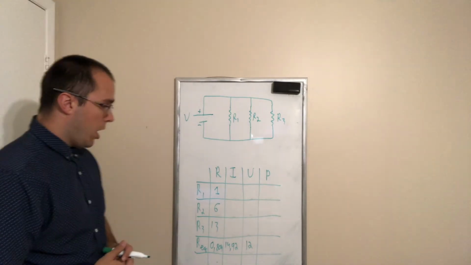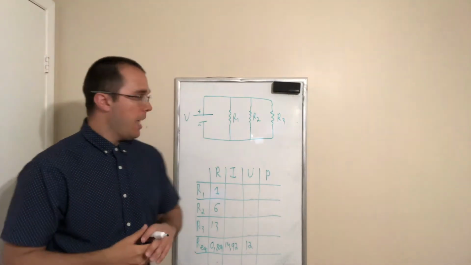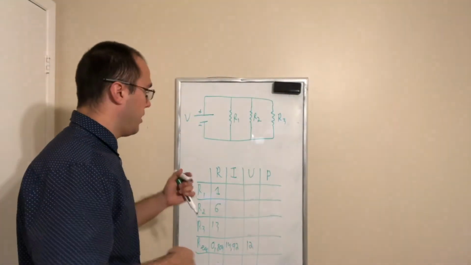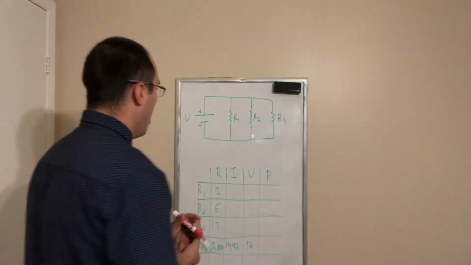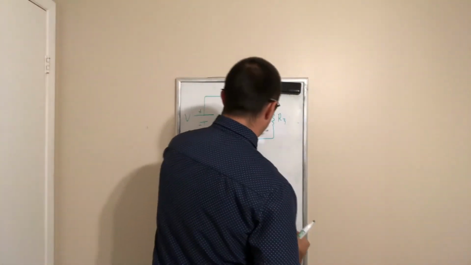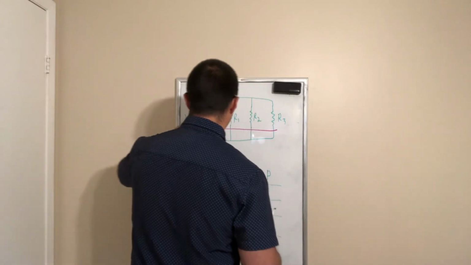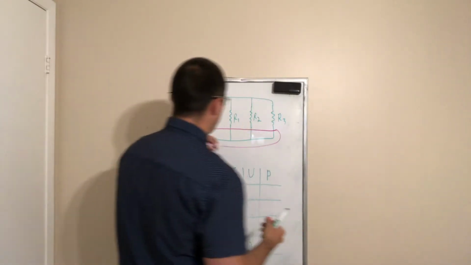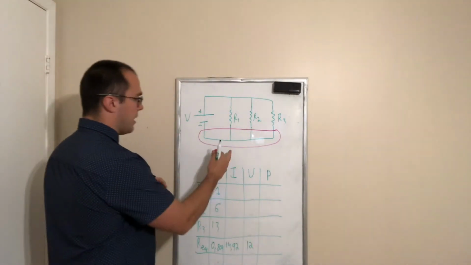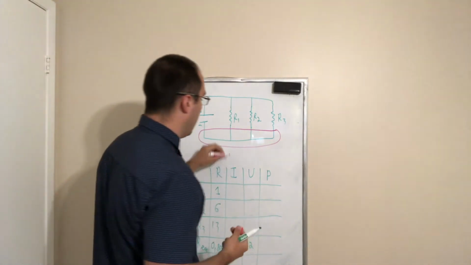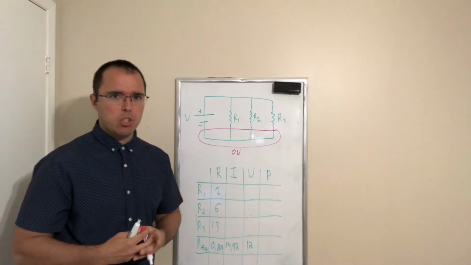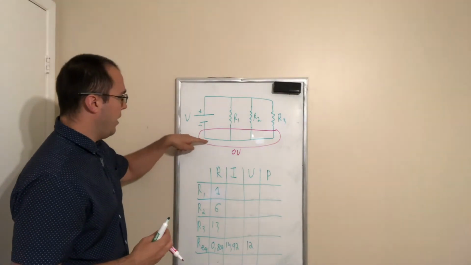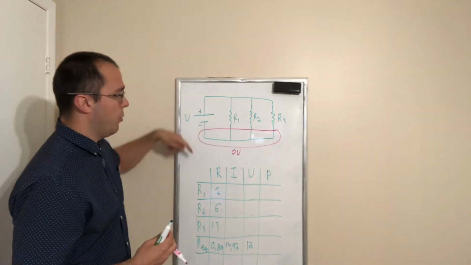Now, because it is a parallel circuit, if we look at the assumption we used at the beginning of the chapter, the voltage on each wire is the same. There's no voltage drop on each wire. So let's set a value for this one. Let's say it is 0 volt. Now, often, by the way, if you only have one power supply, you can decide that this value is 0 volt, it will work.